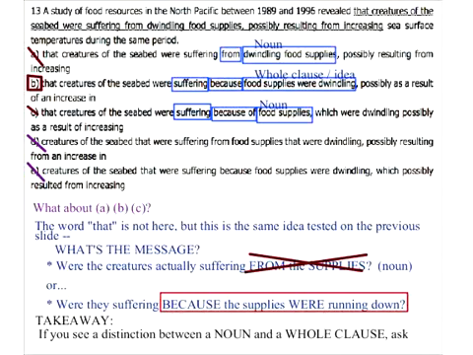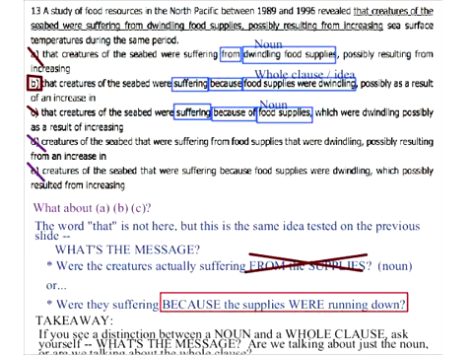Are we talking about just the noun, or about the whole clause? It's not a difference that you can memorize. You have to understand what the sentence is talking about.